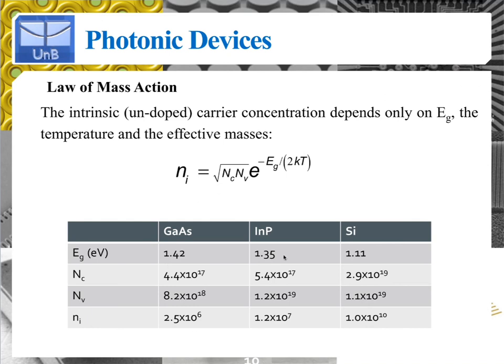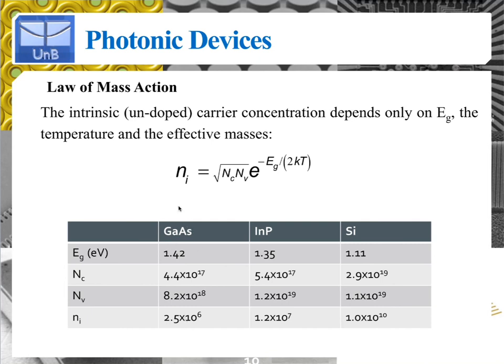So here we have a table for different semiconductors of interest such as gallium arsenide, indium phosphide, and silicon, of the band gap energy in electron volts, which we have already seen, the constants Nc and Nv, which are around 10 to the 17th to 10 to the 19th, and the intrinsic carrier concentration, which is smaller for gallium arsenide, which is a wider band gap semiconductor.